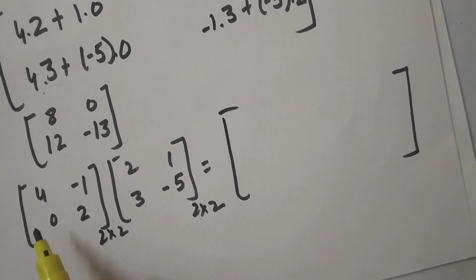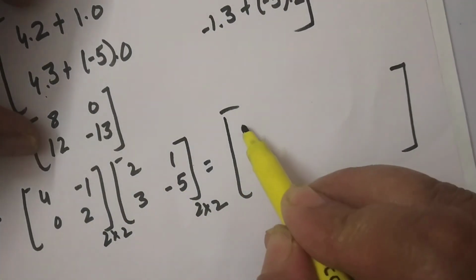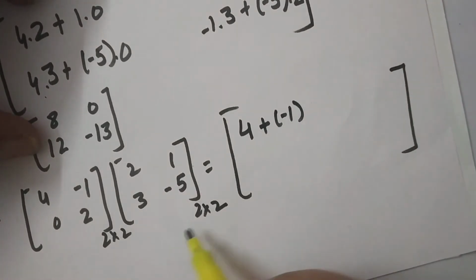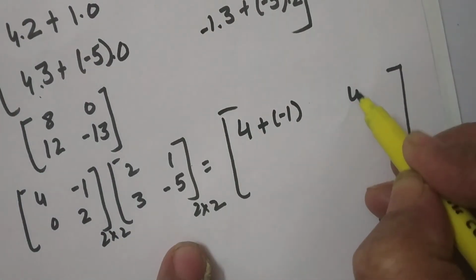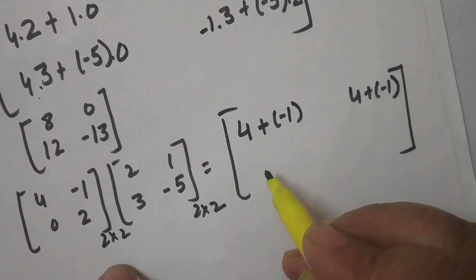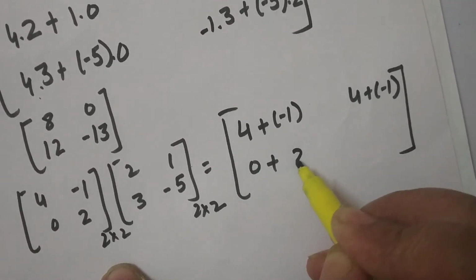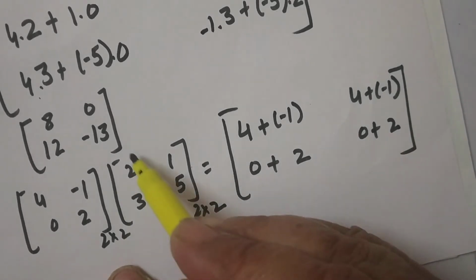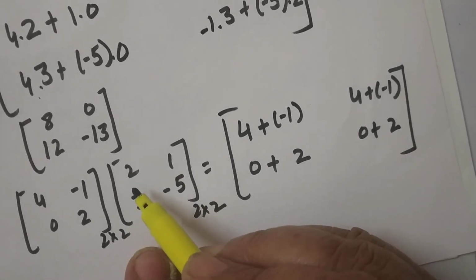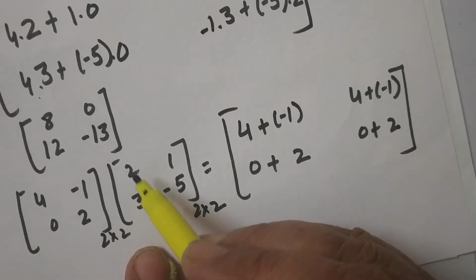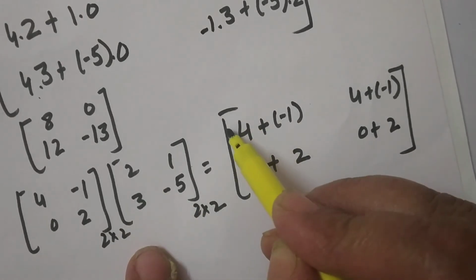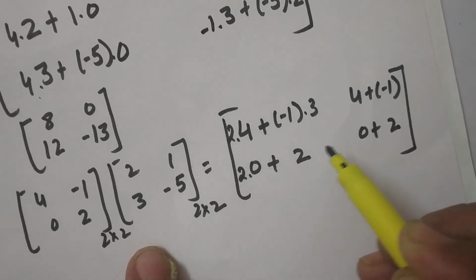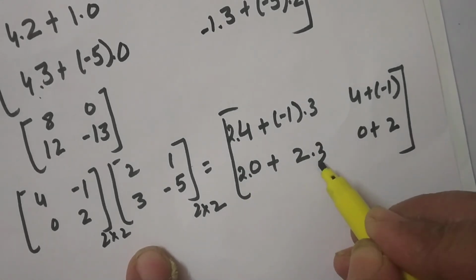I will write the elements of the first row of B 2 times: 4, minus 1, again 0, 2, 0, 2. Now I pick the vertical elements in the second matrix, so this is 2 and 3. 2 will be multiplied here and 3 here, 2 here and 3 here.